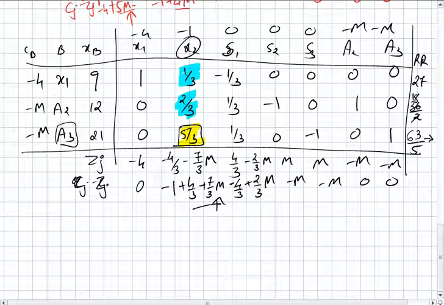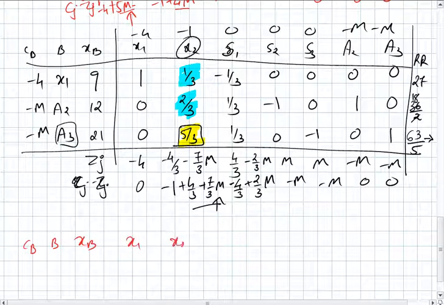So the next table again is CB, B, XB, X1, X2, S1, S2. A3 is removed. Okay, so we will not calculate for A3 now. Sorry, A2 will be there only. Coefficients are minus 4, minus 1, 0, 0, 0, minus m.